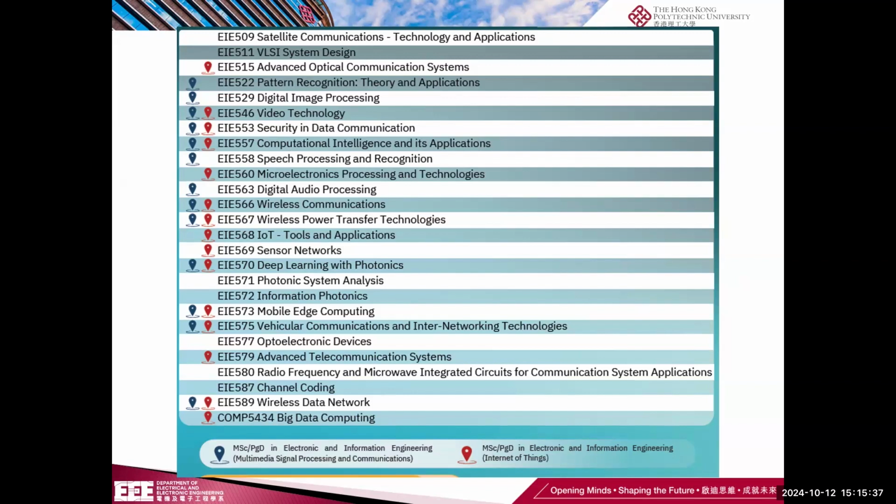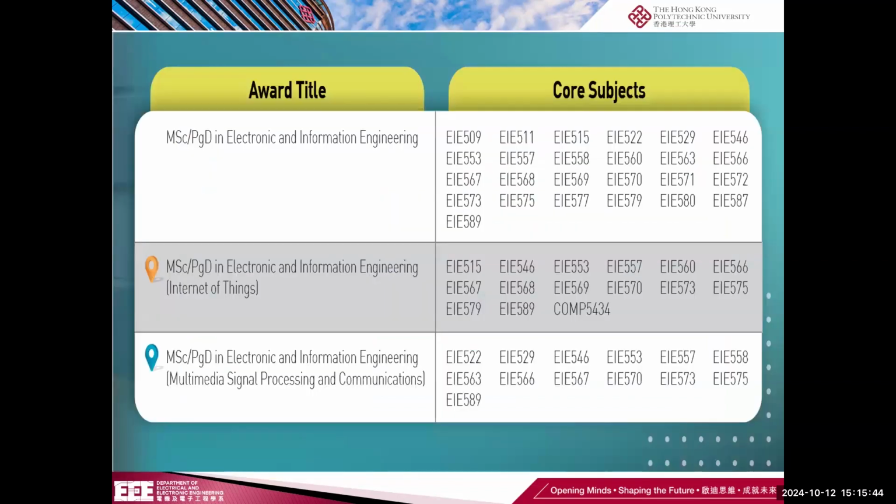Now, what I try to introduce is this one. I already mentioned, for example, you do not want to select a dissertation. Then in this case, you need to select subjects. You also need to select the core subjects, correct?